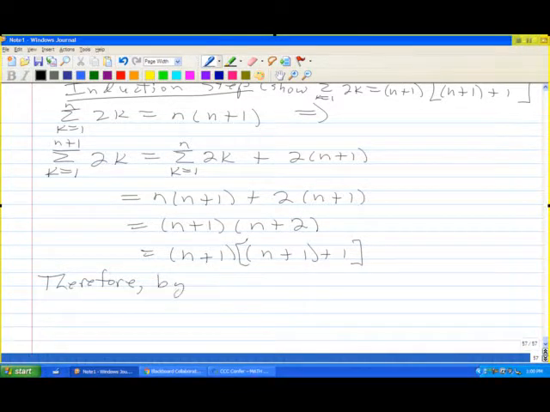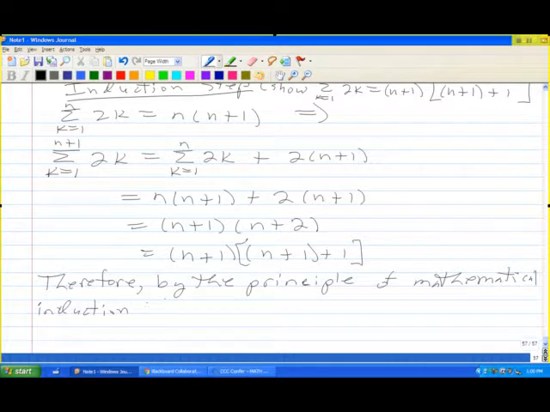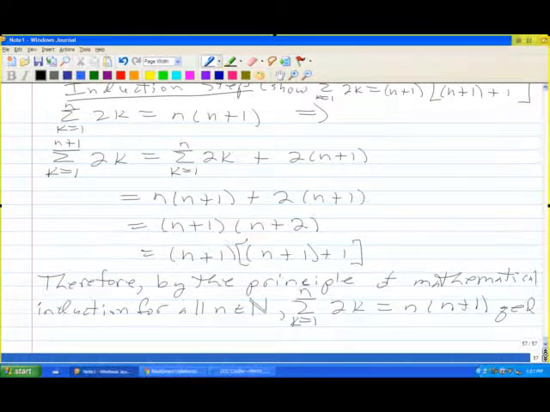So therefore, by the principle of mathematical induction, for all natural numbers n, the sum k equaling 1 to n of 2k is just equal to n times n plus 1. And that's what I wanted to show.